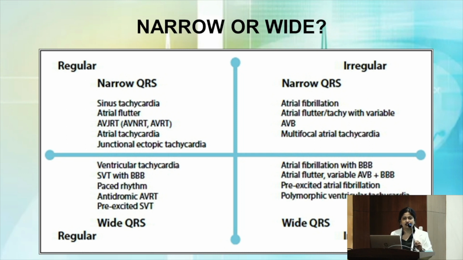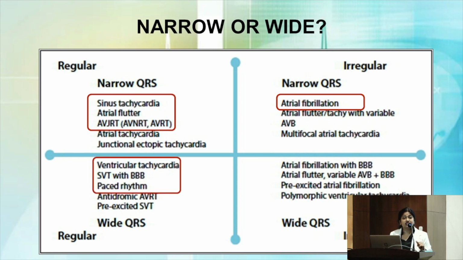conditions. If it's a narrow and regular tachycardia, most commonly sinus tachycardia, then atrial flutter with fixed block, or AVNRT or AVRT, that is AV nodal reentry tachycardia or atrioventricular reentry tachycardia. If it's narrow complex, irregular, then atrial fibrillation, most commonly.